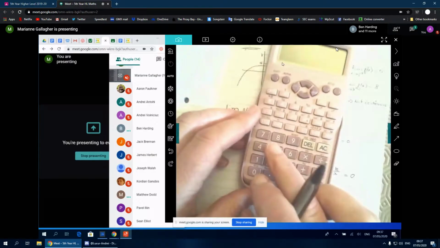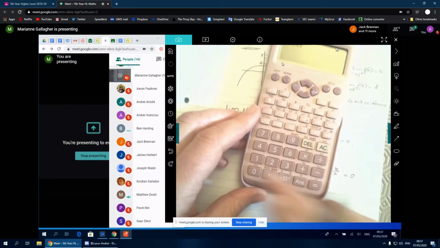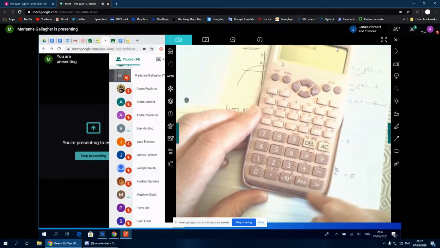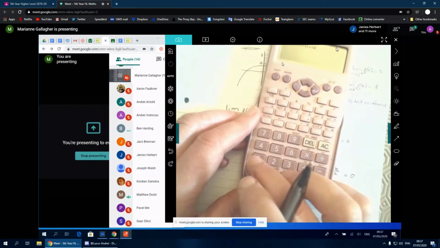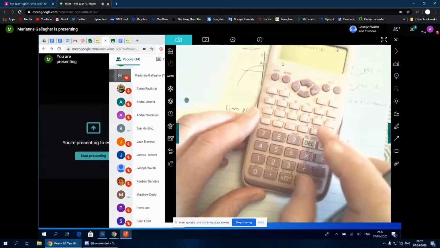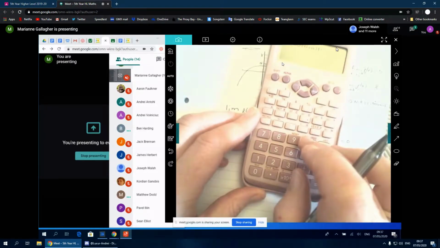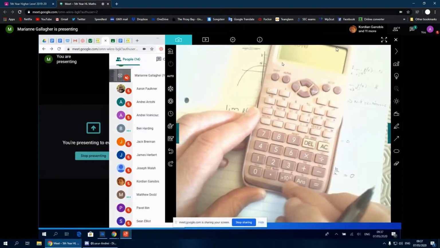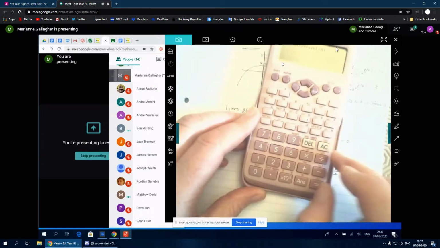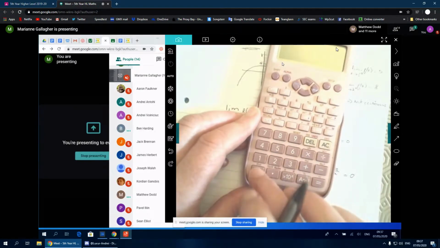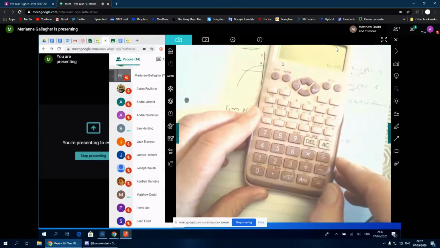Okay, just take out your calculator. If I do 50,000 divided by 6 by 10 to the power of 100, our calculator can't even handle it. So if I do 5 divided by 100, I get 0.05.